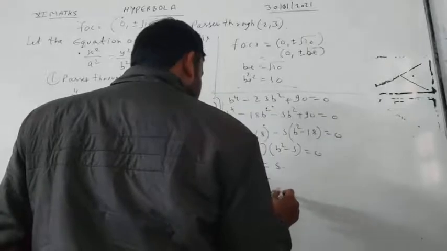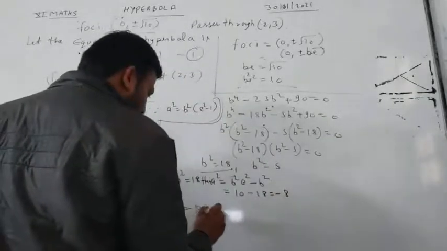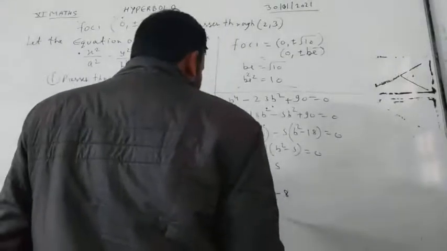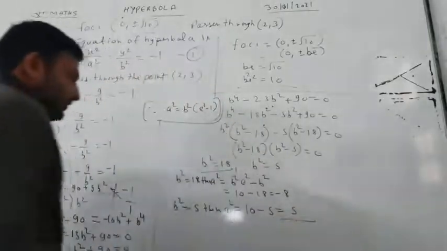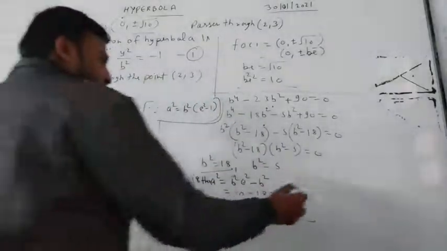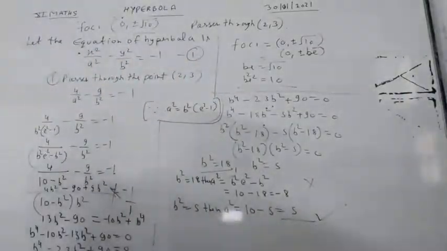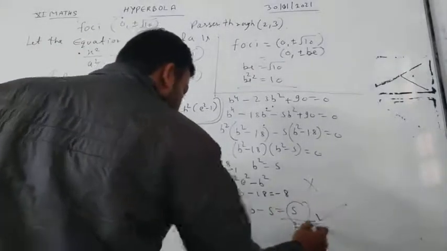So, students, we get minus 8. And when b square is equal to 5, students, then a square is 10 minus 5, which is 5. So this is not possible, students, and this is possible. So our b square is 5 and a square is 5 both.